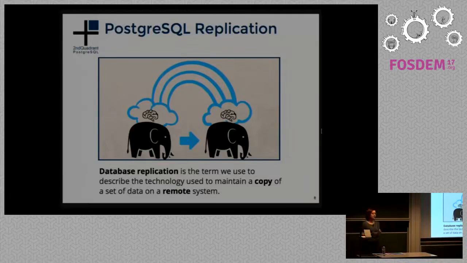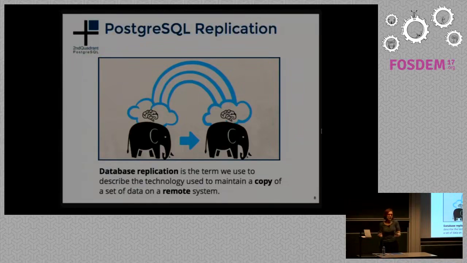So we talked about WAL. Those are the files that we write in binary form. The changes are written to those files. In replication, in classic replication, there is one master and one standby, and the changes are captured on the master and then sent to the standby over the network.